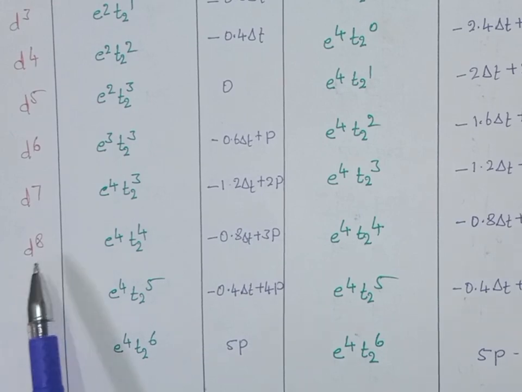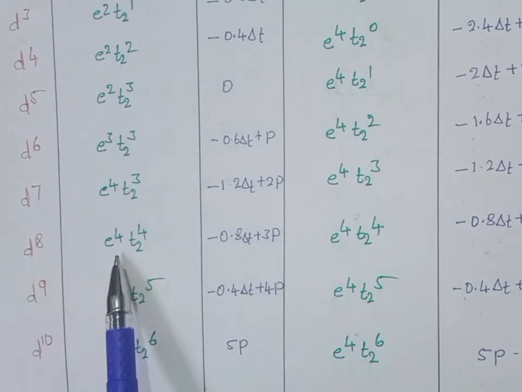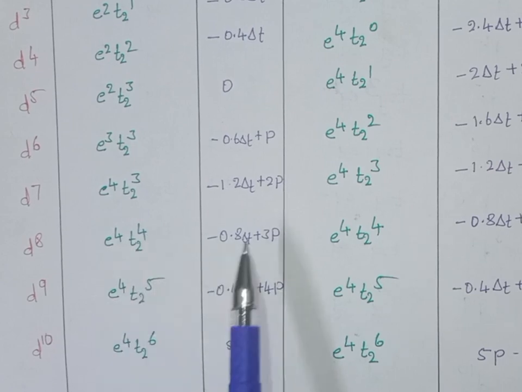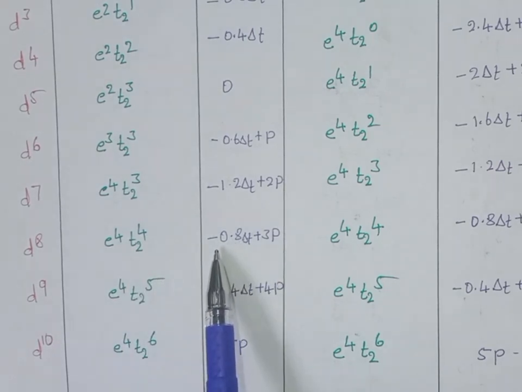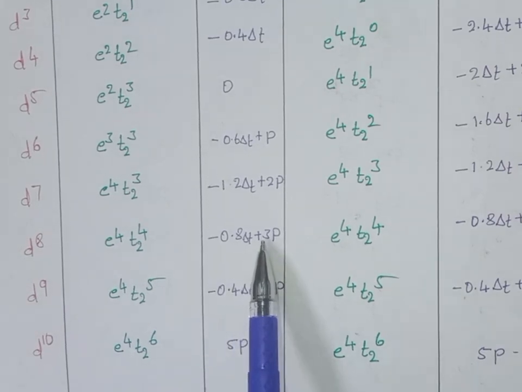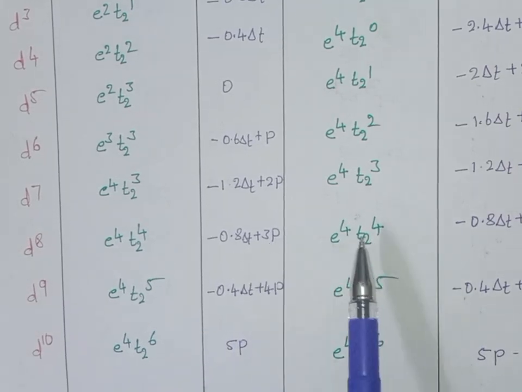For the d8 system, the electronic configuration for a weak field complex is e4 t2^4 and the calculated CFSE is minus 0.8 Δt plus 3 electron pairs into pairing energy.